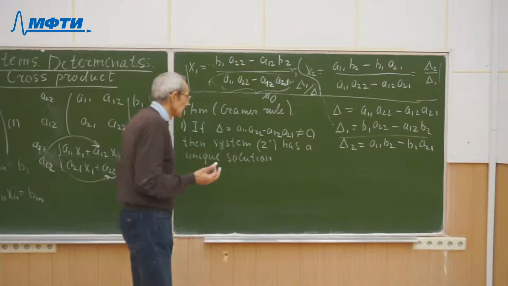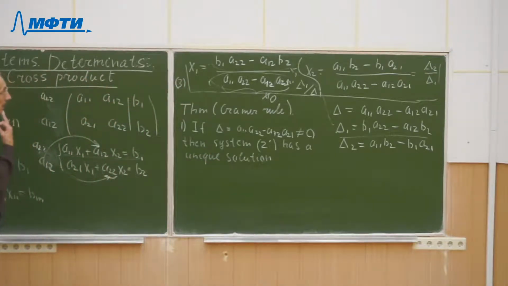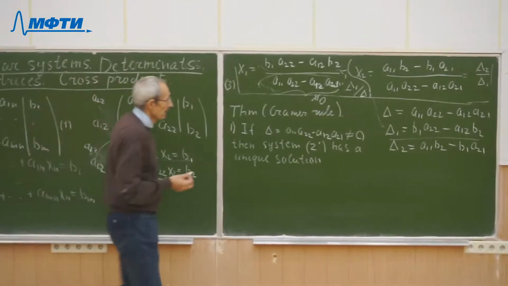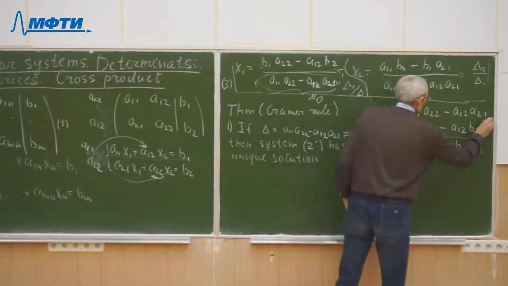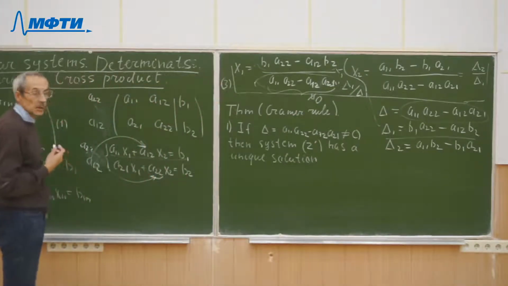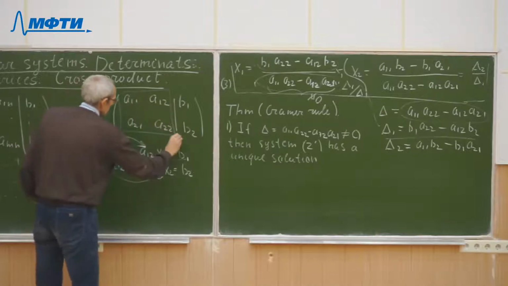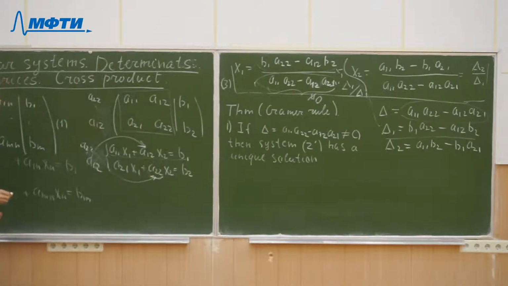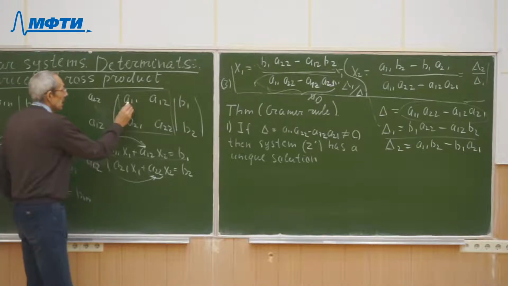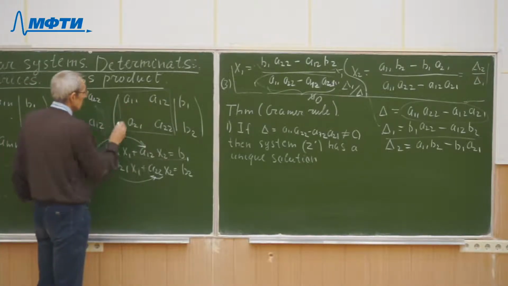We also can see that the expression for delta can be obtained using the following procedure. Let's consider the matrix with entries A11, A12, A21, A22.